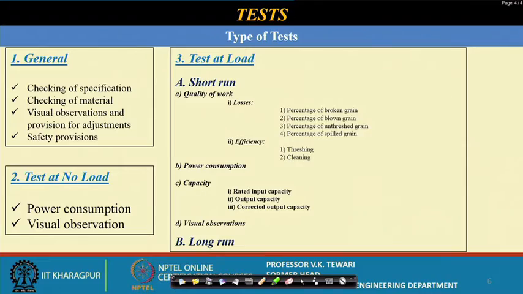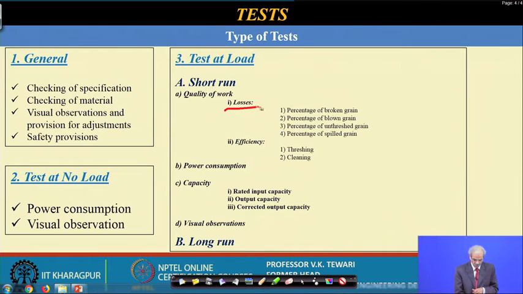It may happen that in a short run test of a few hours, everything may appear fine, but once it is subjected to a long run, then the problem comes. That is why it has been said that the testing must be on load, for a short run and then for a long run, and detailed specifications are given.